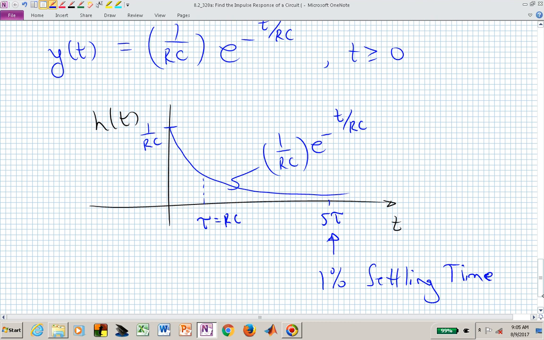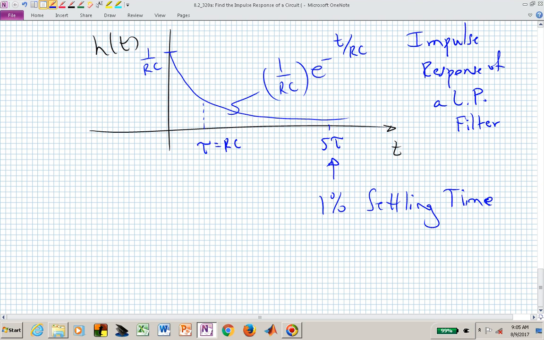Now, think about what this looks like. This is the impulse response of a low-pass filter. And we haven't yet determined what the parameters of that low-pass filter are other than R and C. And now you can maybe start to see what happens as we adjust this time constant RC in our low-pass filter.